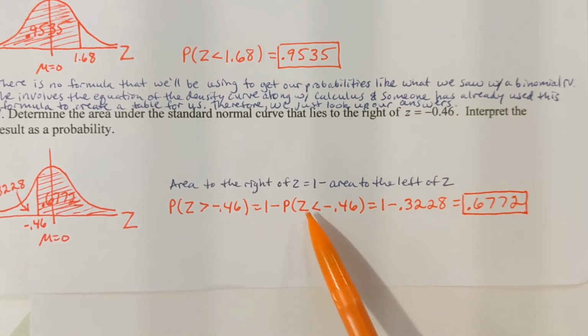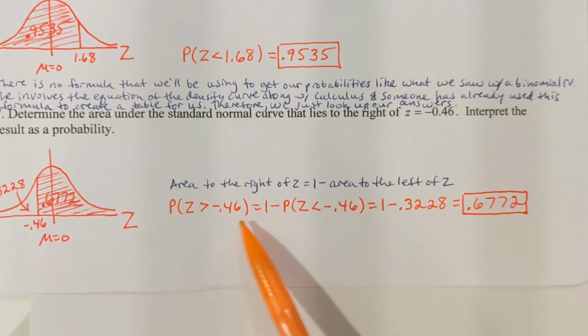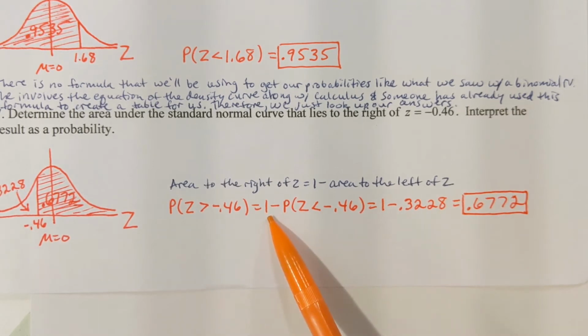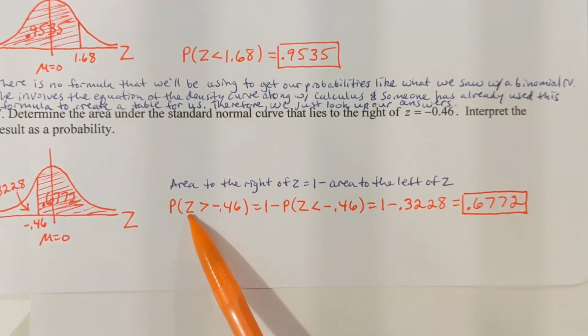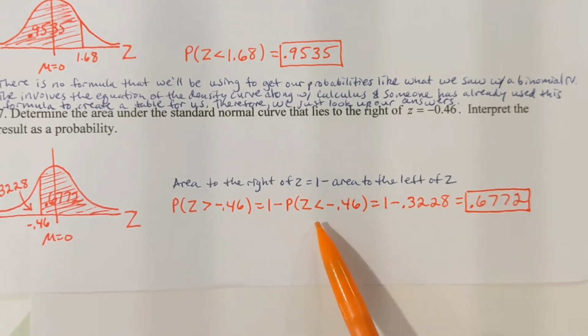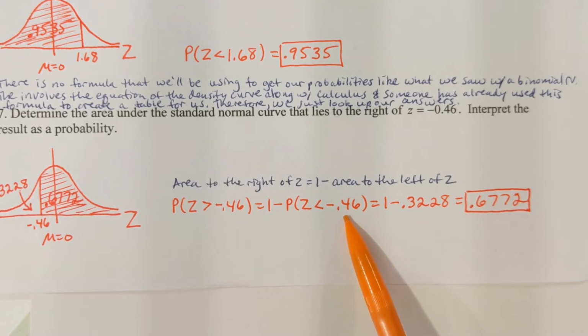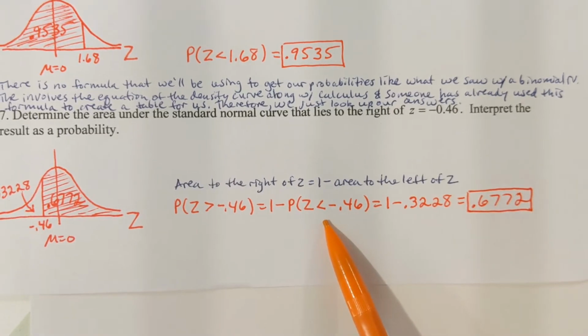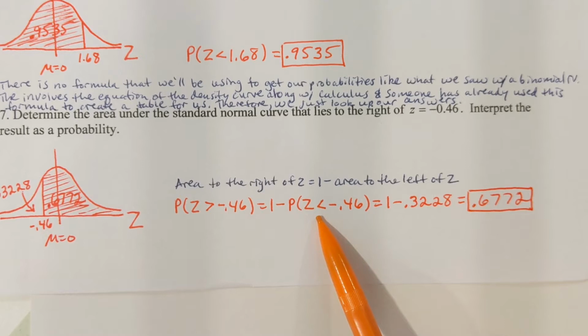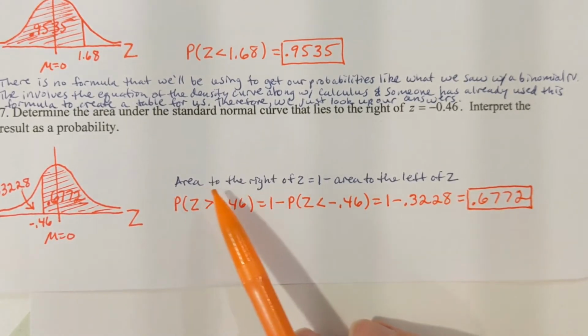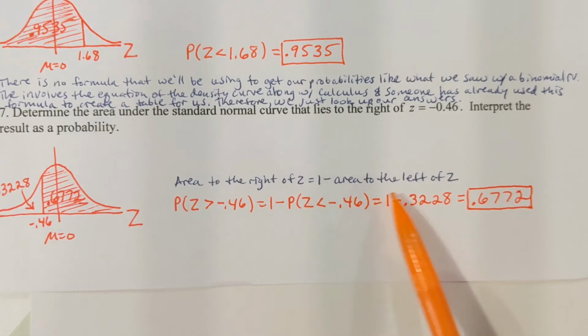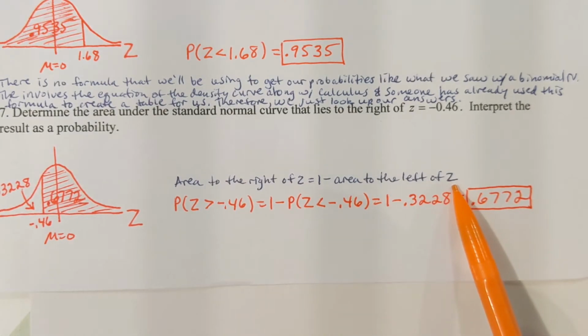Now, in this problem, we had to use the complement rule, right? So, 1 minus the probability of the opposite of z being greater than negative 0.46, which is for z to be less than negative 0.46. Now, you want to switch the sign here like I've done because you're now describing area to the left, right? The area to the right of a z-score is 1 minus the area to the left of the z-score.